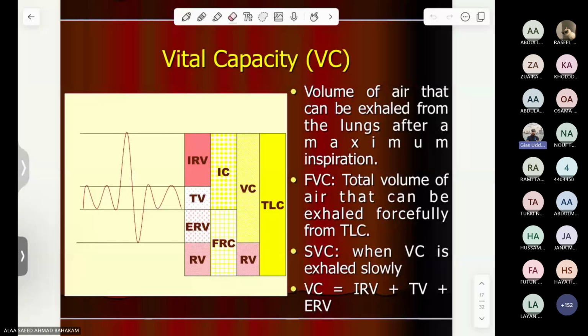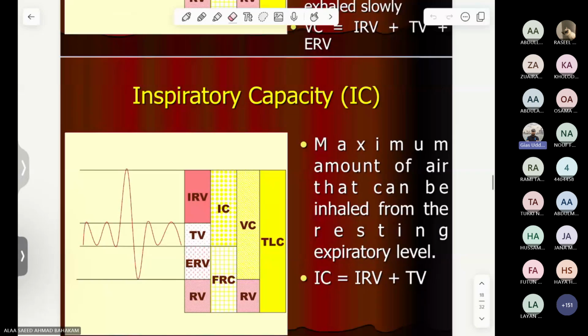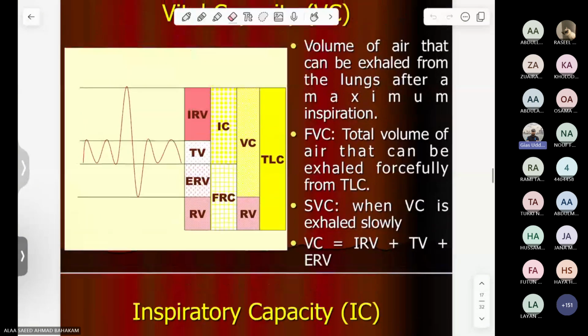When you inhale and exhale forcefully. And slow vital capacity is when the vital capacity is exhaled very slowly. Vital capacity is the combination of three volumes: IRV, TV, and ERV.